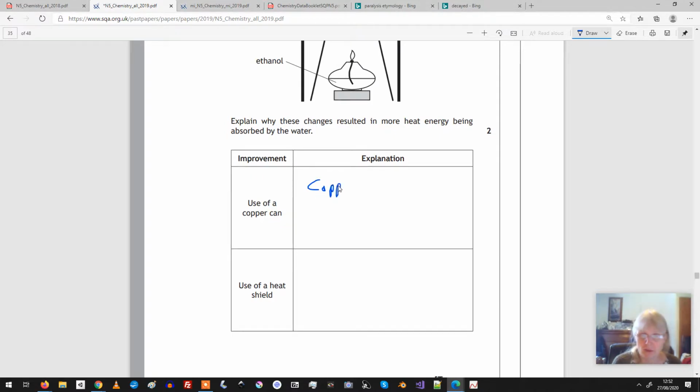Copper is a better heat conductor than glass. I would never remember to put in the than glass.